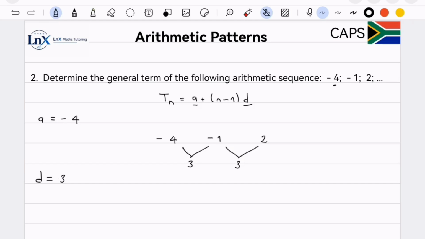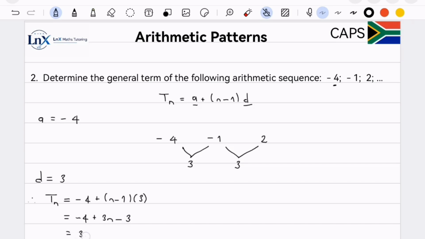And so now for our general term, what we're going to end up with is that Tn equals our first term, -4, plus n minus 1 multiplied by a common difference, which is 3, right? And we can simplify this further by saying that -4, then we're going to have 3n minus 3.